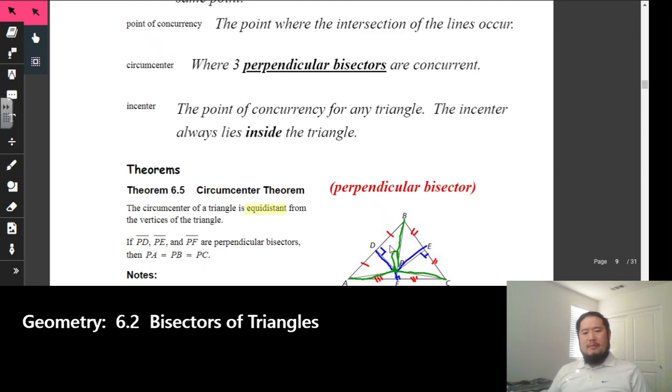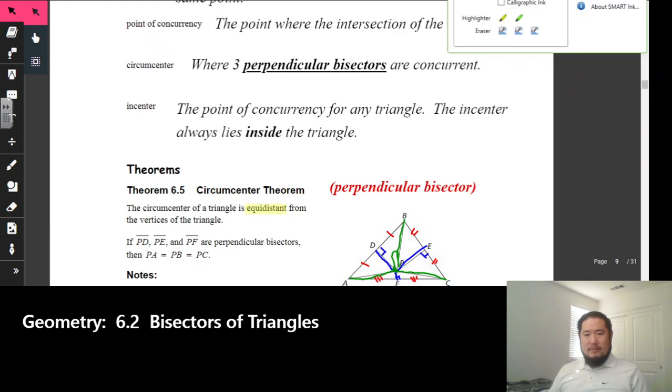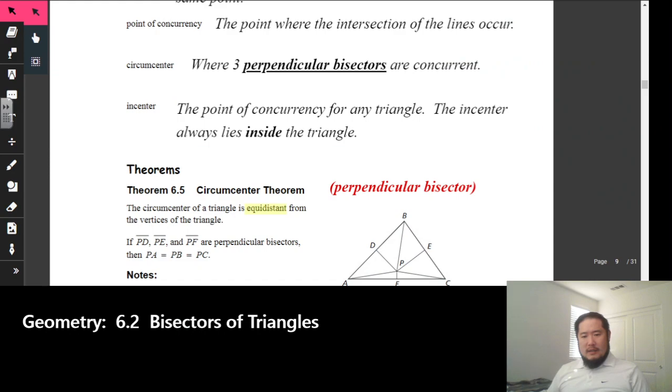If I have perpendicular bisectors, then I can say that from the point of concurrency, because all of these perpendicular bisectors meet right here at point P, that point of concurrency, this segment P to A, P to B, and P to C are all equal.